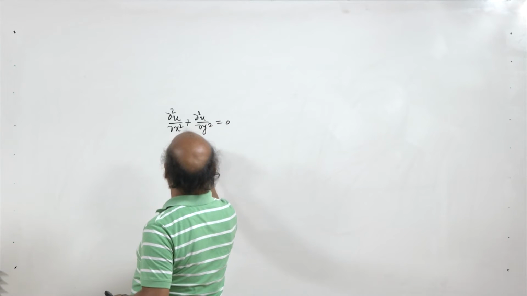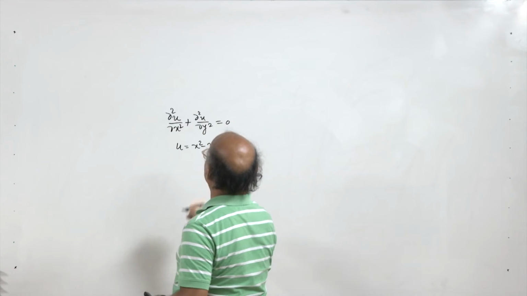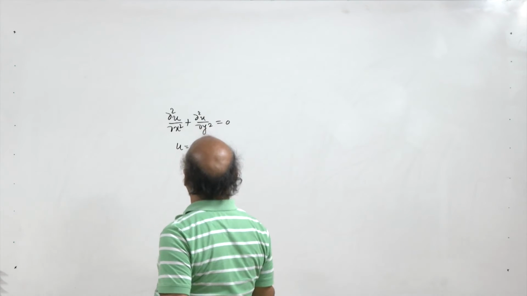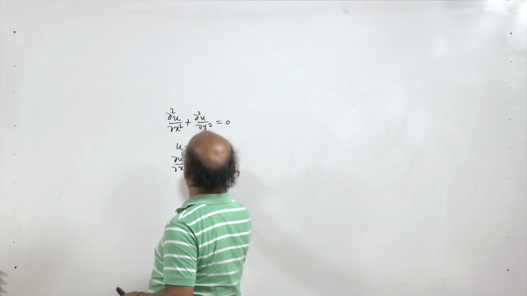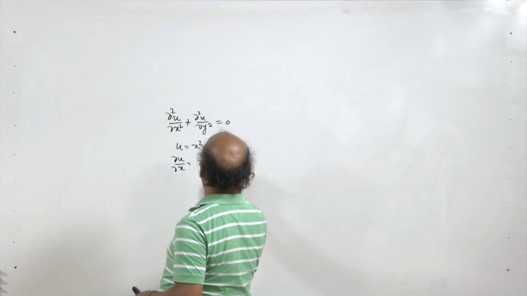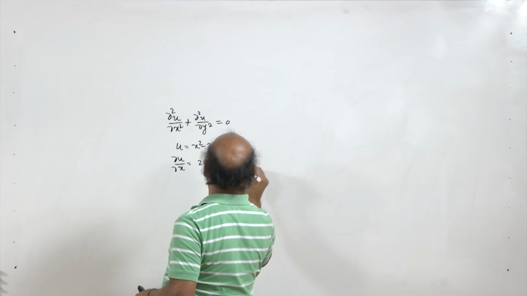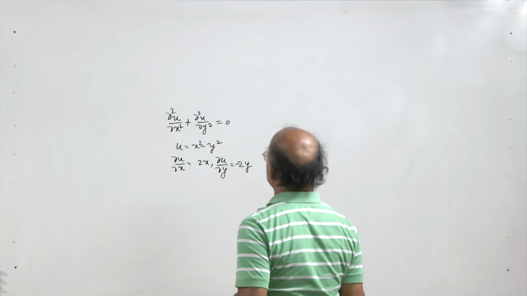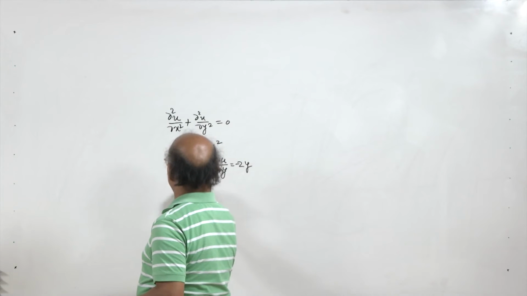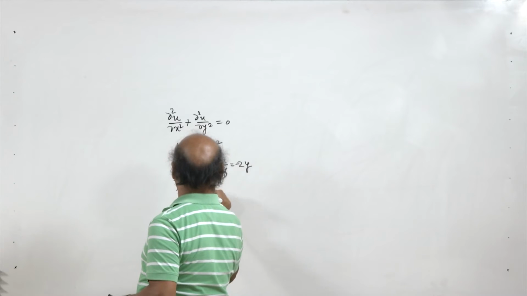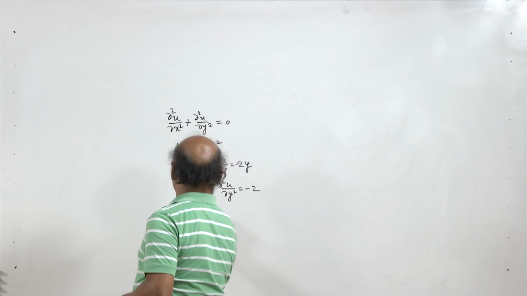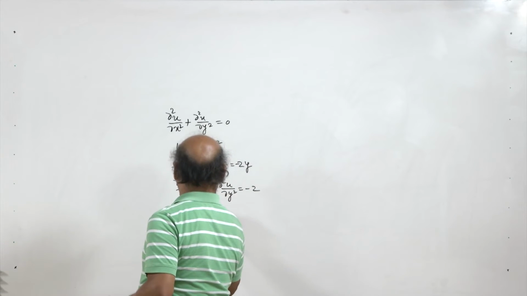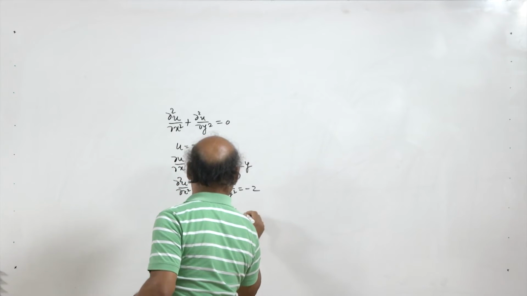If you take u equal to x² − y², we can verify that it is a solution of this Laplace equation, because if you find the first order partial derivatives, they are 2x and −2y, and when you find the second order partial derivatives, they come out to be 2 and −2, which implies that this is equal to 0.